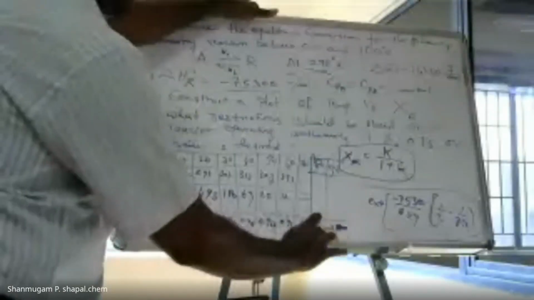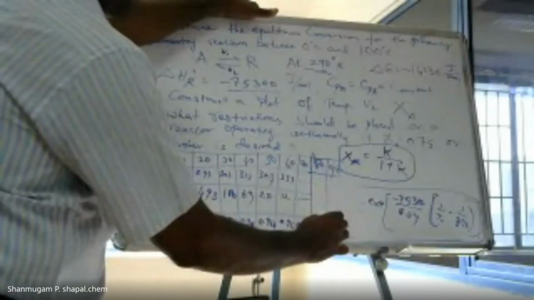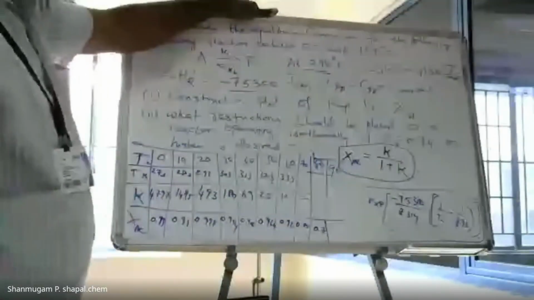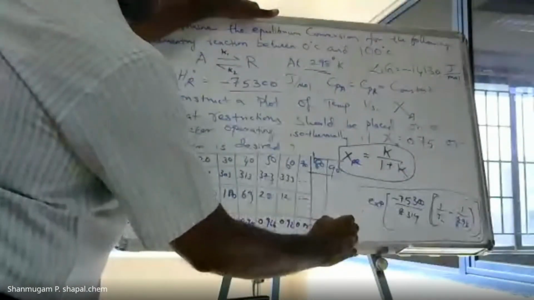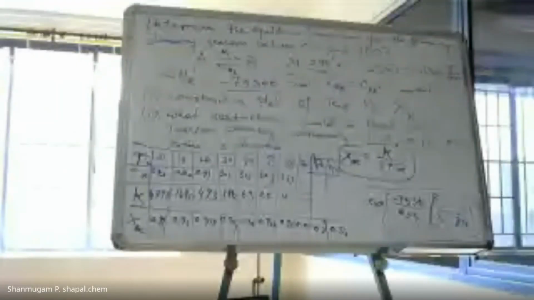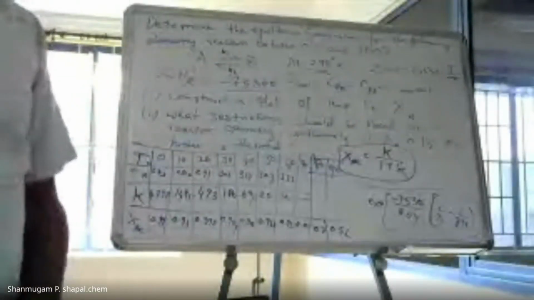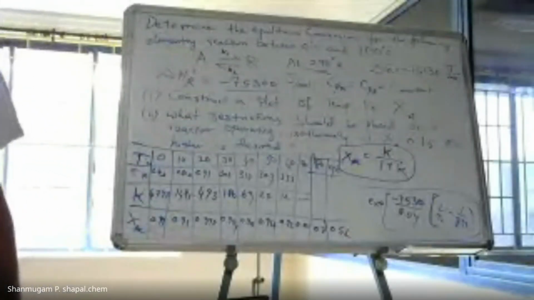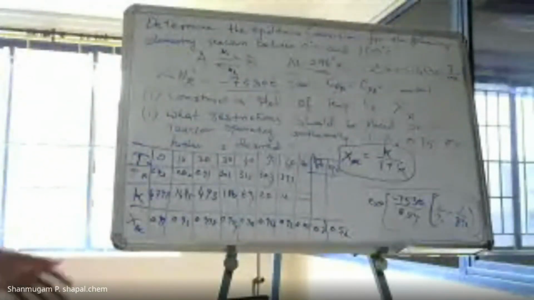If you go to 80 degrees Celsius, then 0.7. If you go to 90, it is lower. So like this, the conversion decreases with higher temperature. That means the temperature term will definitely have an influence here.